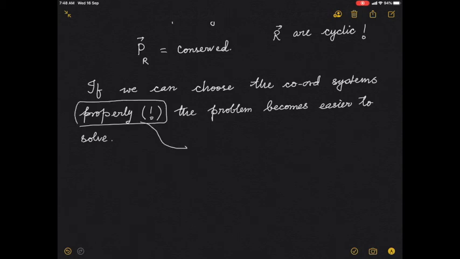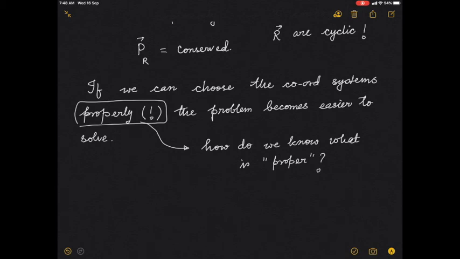But this "properly" is a big question, because how do we know a priori what is a proper coordinate system?